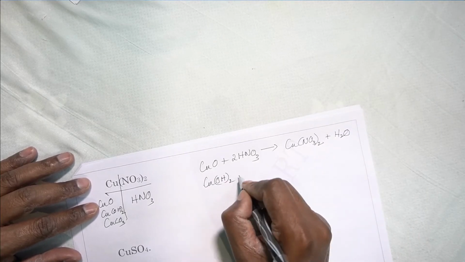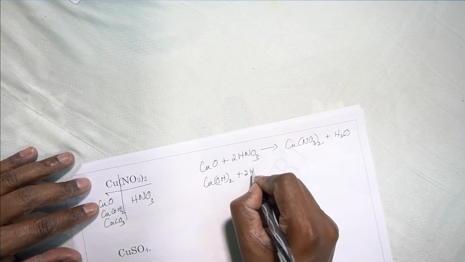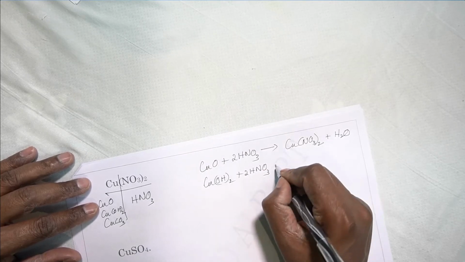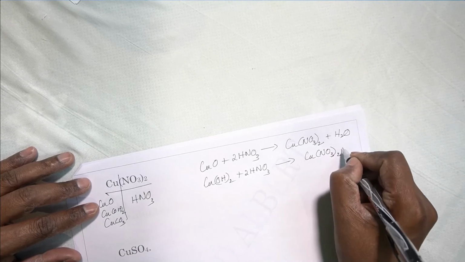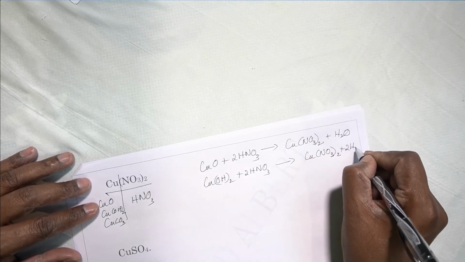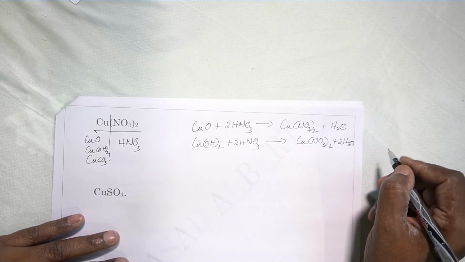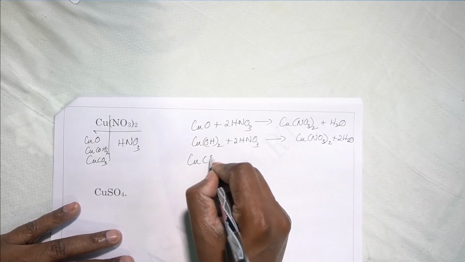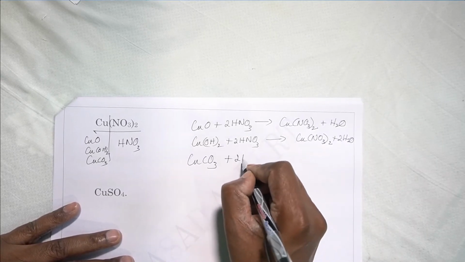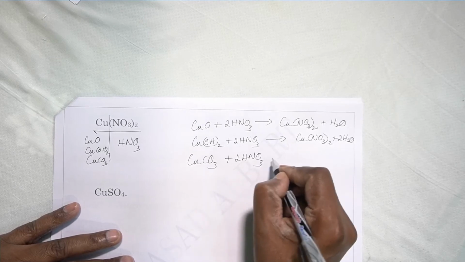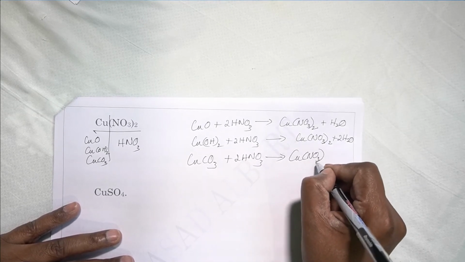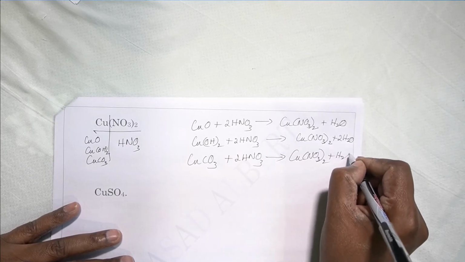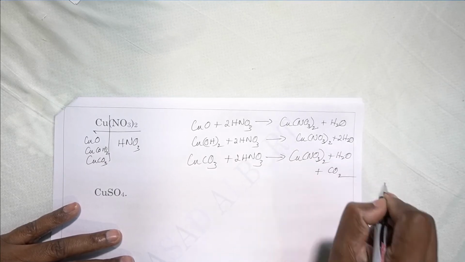Cu(OH)2 plus 2HNO3, nitric acid will give Cu(NO3)2 plus 2H2O, 2 molecules of water. Then we have copper carbonate, CuCO3 plus 2HNO3. Here what you get? Cu(NO3)2 copper nitrate salt plus water and carbon dioxide, right?